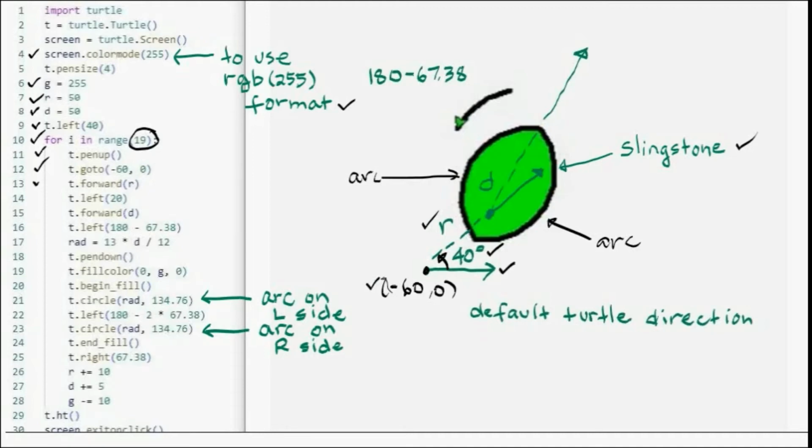And then I move forward from the center of the image here. So from negative 60, 0 here, I will move forward. Note that I have already changed the direction of the turtle. This is now the direction of the turtle. I will move the turtle forward R units.